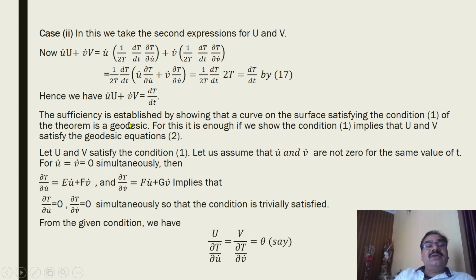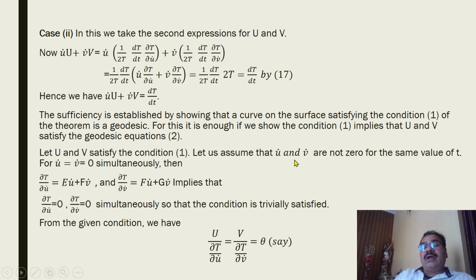The sufficiency is established by showing that a curve on the surface satisfying the condition 1 of the theorem is a geodesic. For this, it is enough if we show that condition 1 implies that u and v satisfy the geodesic equation. Let us consider u and v satisfying the condition 1.